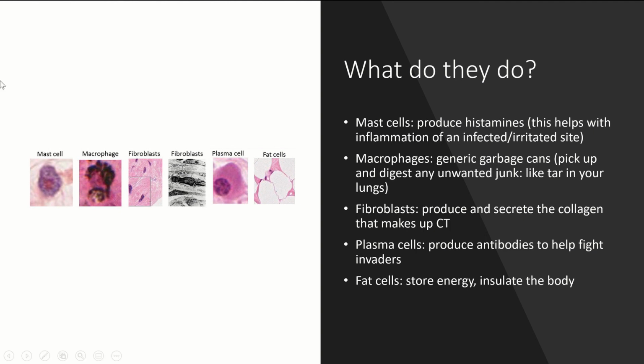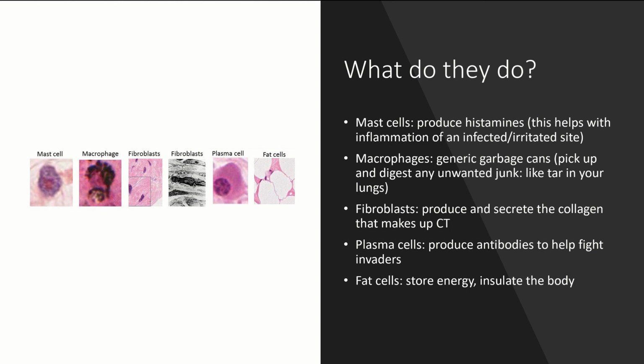Okay. The next one is going to be a macrophage. Okay, and the macrophage is basically a generic garbage can. Okay, so like I said, if the mast cells find something and they say, oh my gosh, we need to produce histamines, we need to get everybody here, the macrophages are actually going to come to try to help out. And what they're going to do is they're just going to start eating up stuff that they do not recognize.